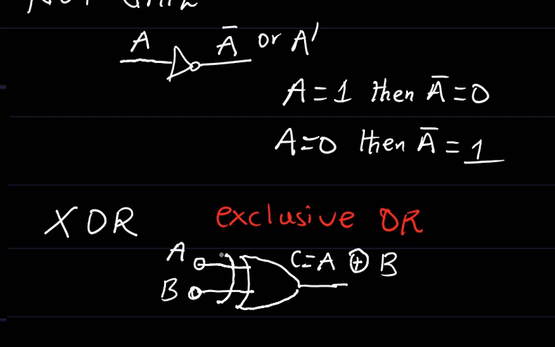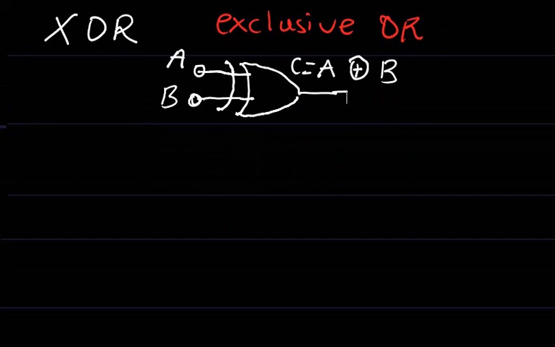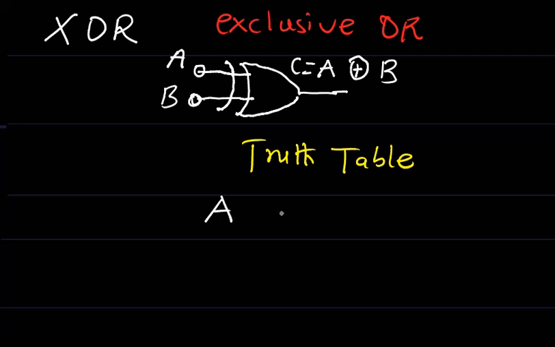So how do we define the truth table? What is the truth table of this gate? All right, so A, then B, output is C. Let's begin.